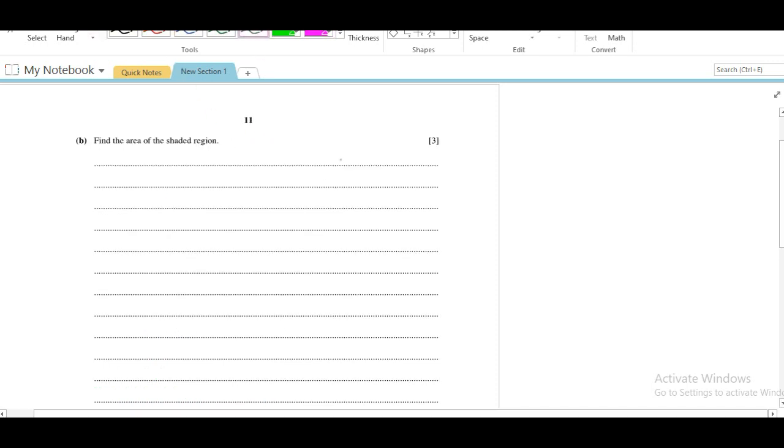Now first I would find A1, which is the smaller triangle. So this was 3 and this was 4 and this was DCB. So area 1 equals, since it is a right angle triangle, I can straight away do half of base times height, which is half of 3 into 4, so it becomes 6.